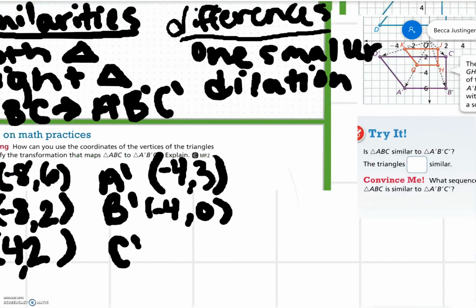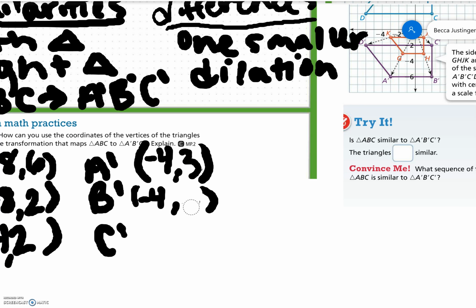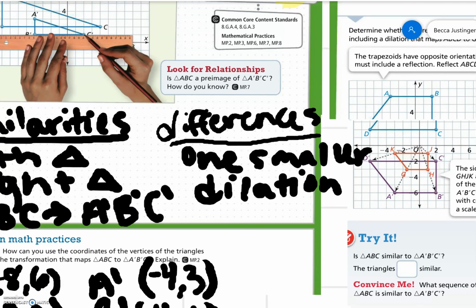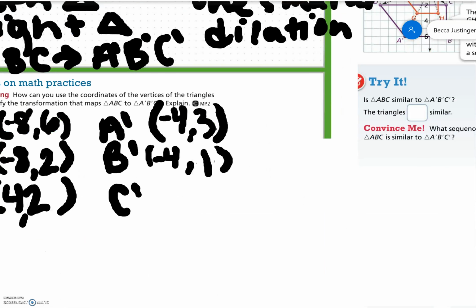B prime is at negative 4, 1. And C prime is at 2, 1.